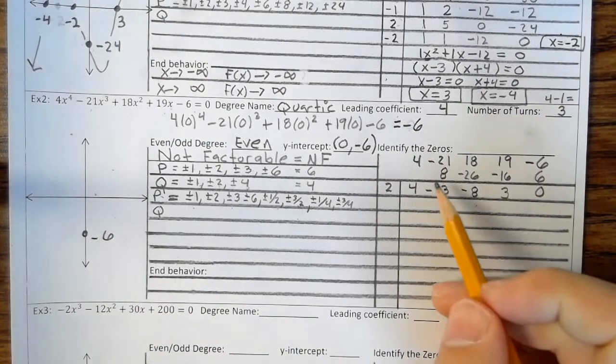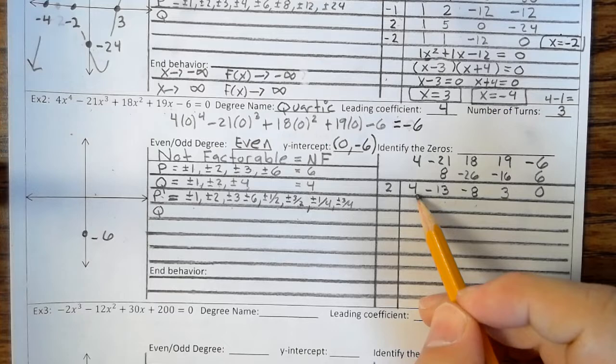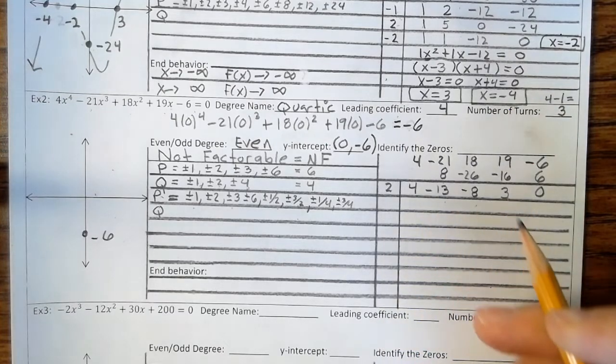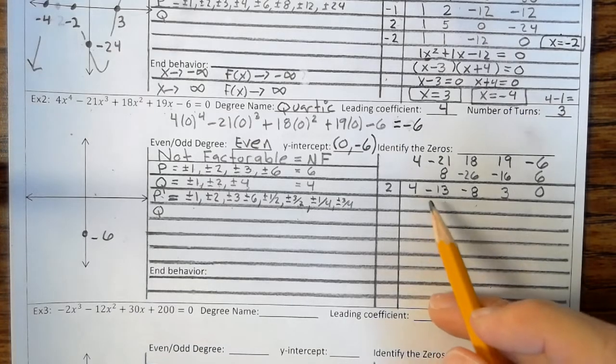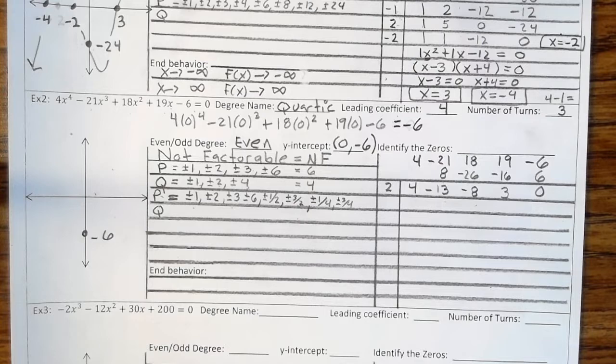Now, the problem is we can't factor because now this is 4x cubed. Okay. So we need to go down one more. So let's take a look at another 0.